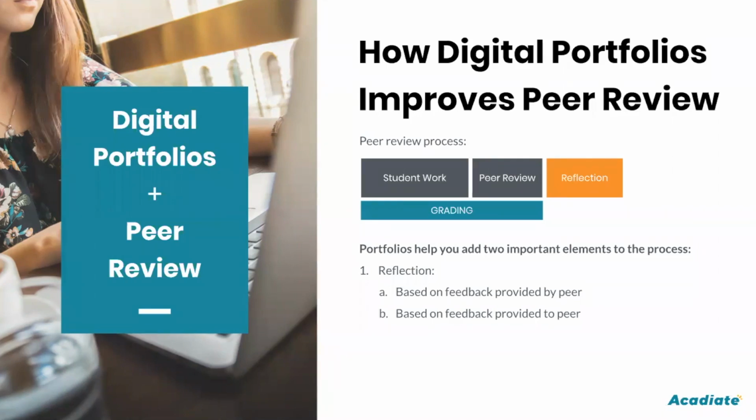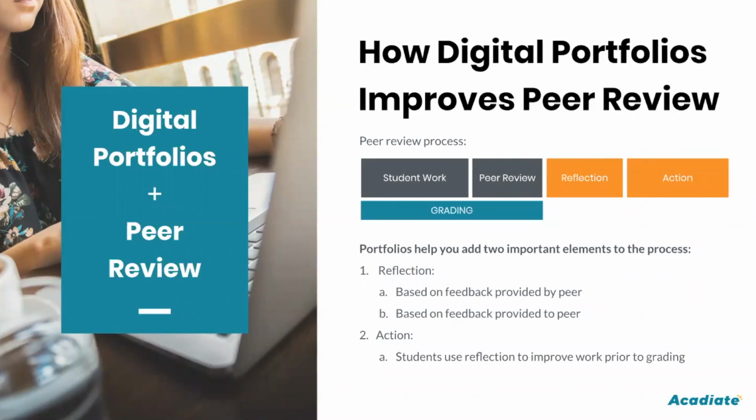The second piece that digital portfolios can add to this process is an action element. This action element is really having students use the reflection that they did to improve their work prior to grading. And this has a couple of different benefits for the student. The first thing is it really tells them why reflection is so important, because you can now utilize that reflection and that peer feedback to make an improvement that will help you get a better grade.